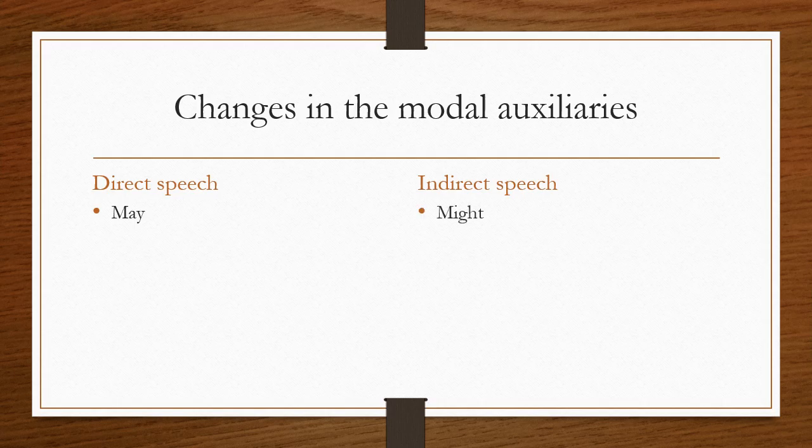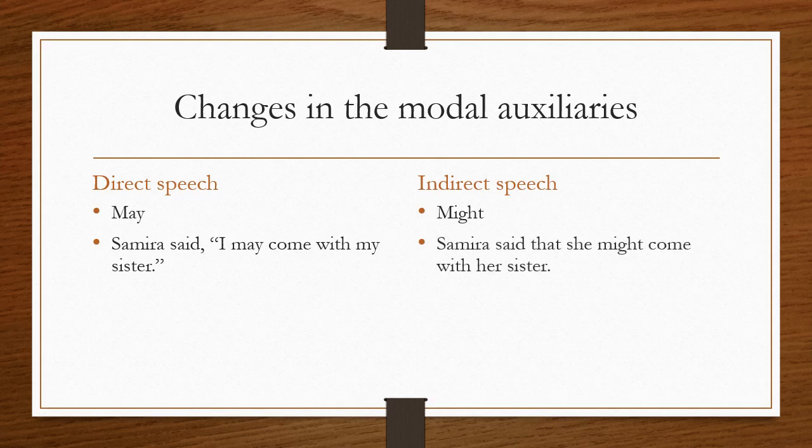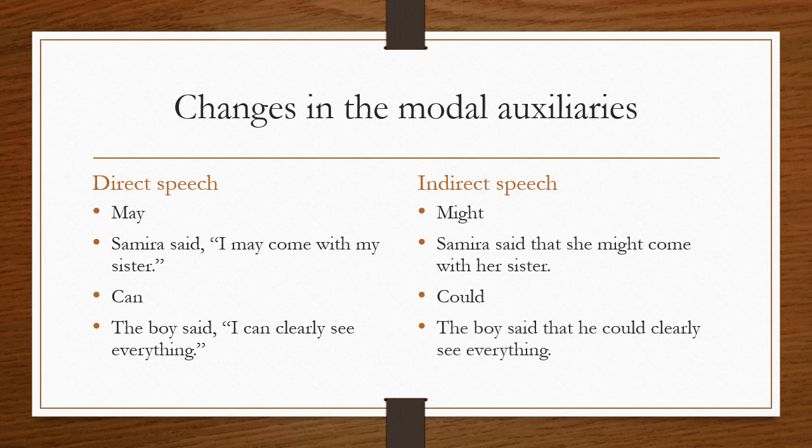May has been changed to might. Example, Samira said, "I may come with my sister." In indirect speech, Samira said that she might come with her sister. Can changes to could. The boy said, "I can clearly see everything." The boy said that he could clearly see everything.